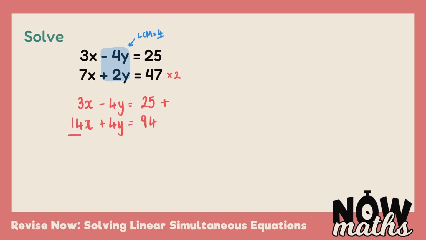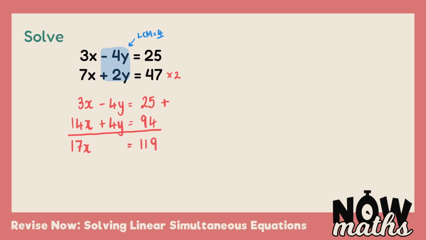So starting off with the x terms, 3x add 14x is 17x. Then negative 4y add positive 4y is 0, which we don't write. We carry the equals sign. And 25 add 94 is 119.